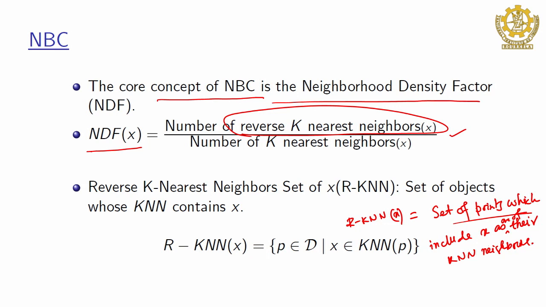Is it clear? So, take a set of points p. Let us say p is a reverse k nearest neighbor of x if p includes x as one of its k nearest neighbors. Then we will say p is the reverse k nearest neighbor.